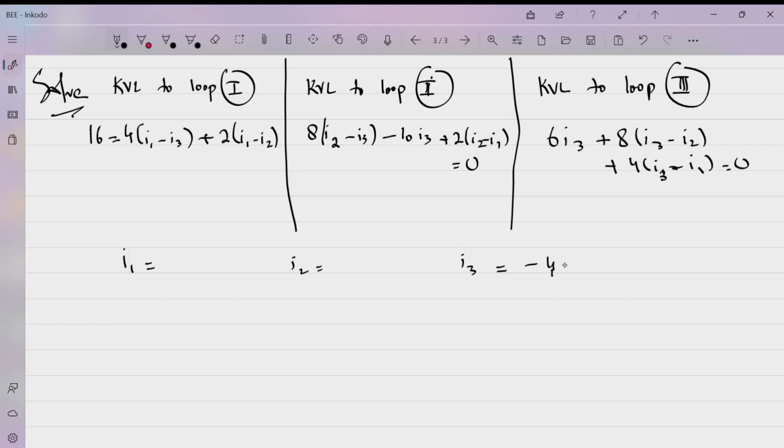I1, I2 का वैल्यू यहाँ पे नहीं दिया है. We can solve. कुछ गड़बड़ की होगी. ये माइनस 4 एम्पियर आ रहा है.